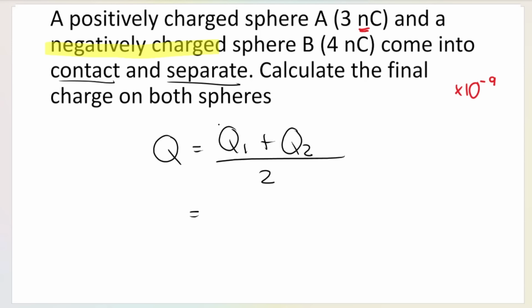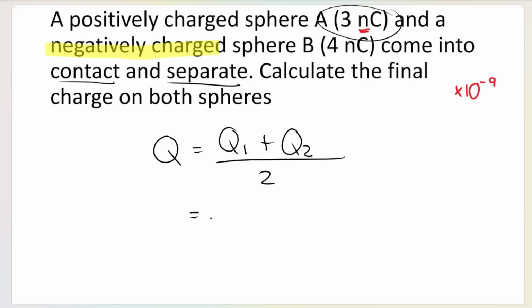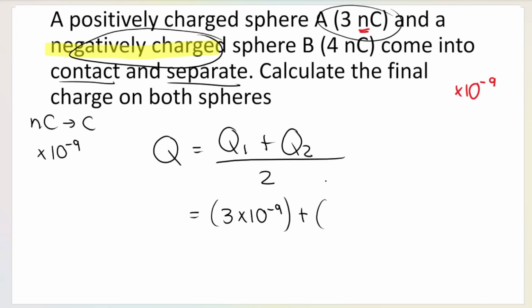Then you substitute in. Q1 is this. And I'm going to just change it from nanocoulombs to coulombs. Remember, you times by nano, 9, times by 10 to the -9. So we've got 3 times 10 to the -9 plus, now the second sphere is negatively charged, which means -4 times 10 to the -9. This is what I mean by you have to substitute the signs in.